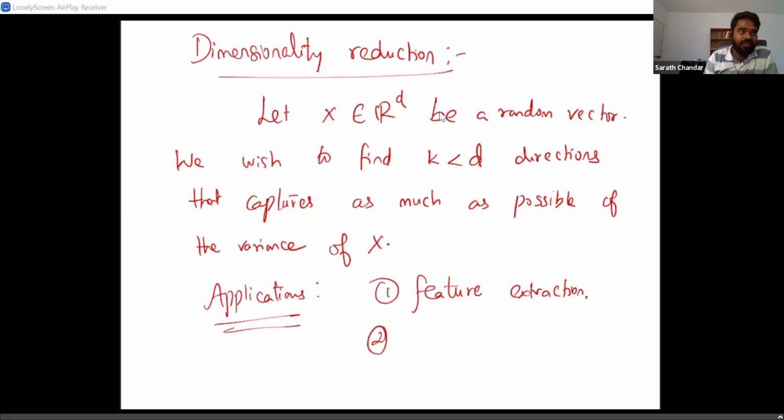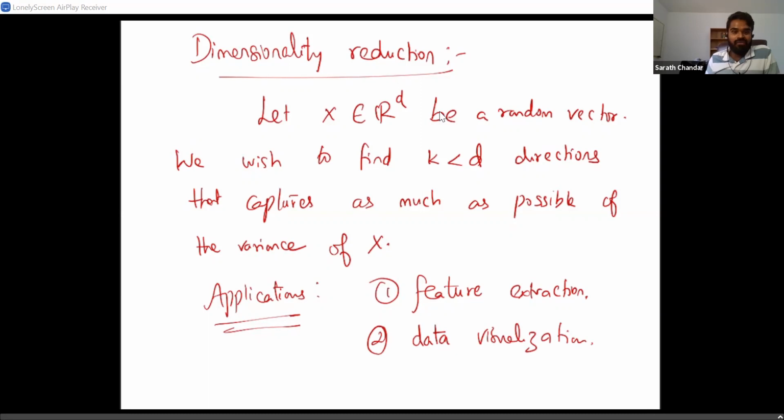And another application for this problem is data visualization. For example, if you have 100-dimensional data, how can you visualize it? 1D is fine, 2D is fine, even 3D is fine. But how do you visualize 100-dimensional data?